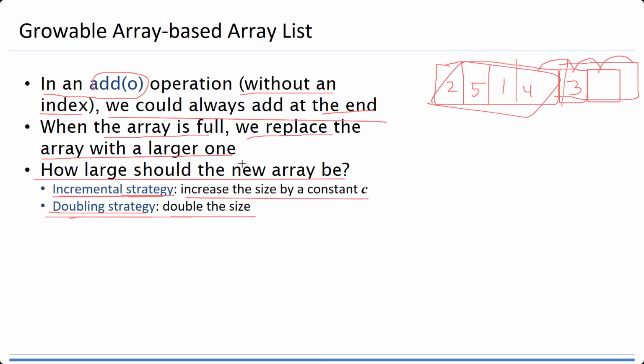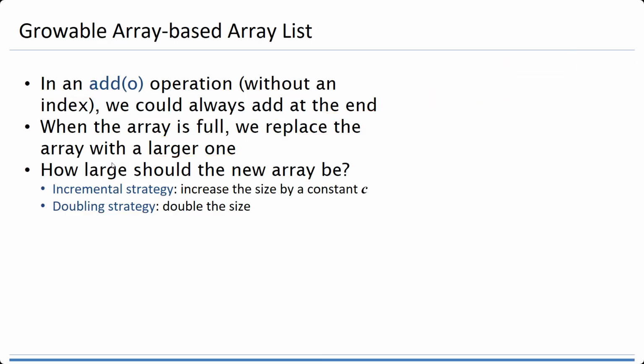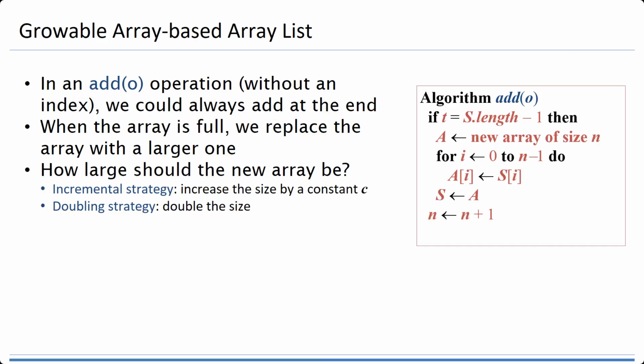So which one is more efficient, the incremental strategy or the doubling strategy? If we do the addition operation, this is the algorithm. When t equals the length of S, A will be a new array of size n, and then we repeat from 0 until n minus 1.